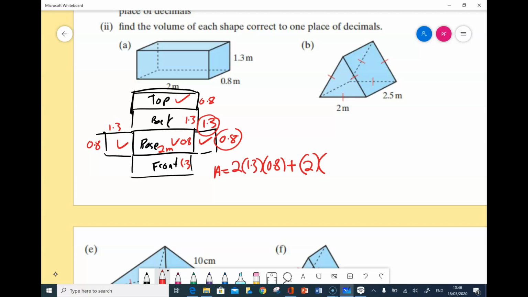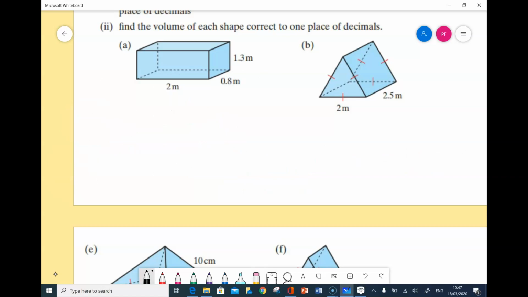And then I'm going to add on the front and the back, which is 2 meters wide by 1.3, and there's 2 of them, so I'm multiplying it by 2. So 2 times 1.3 by 2, add all those together, and I get an area of 10.5 meters squared.